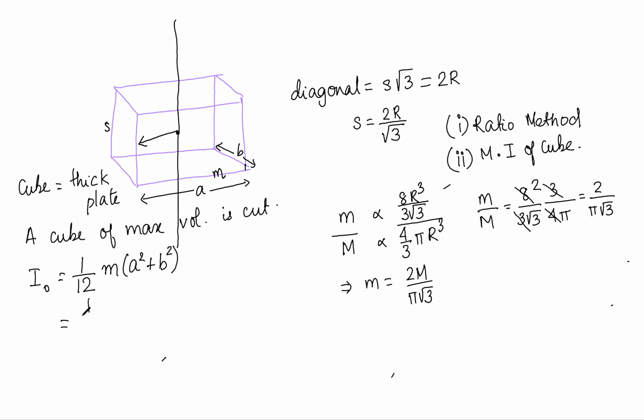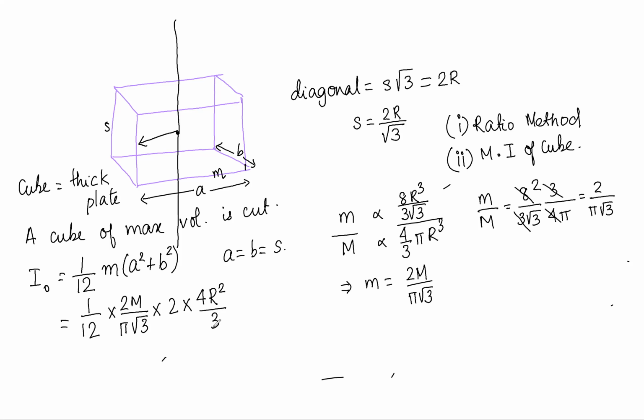In this case, the mass is m into 2 divided by pi root 3, and both a and b are equal to s. So a square plus b square is going to become 2 times s square. So what is the square of s? 4 r square divided by root 3 squared, which is just 3.